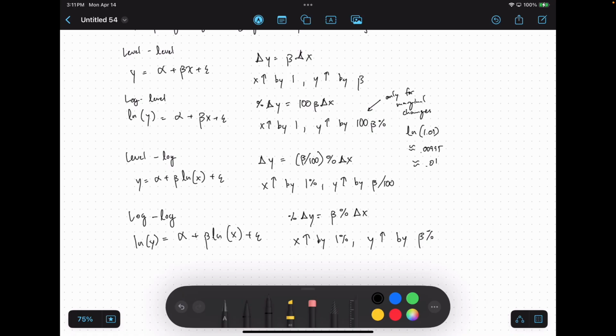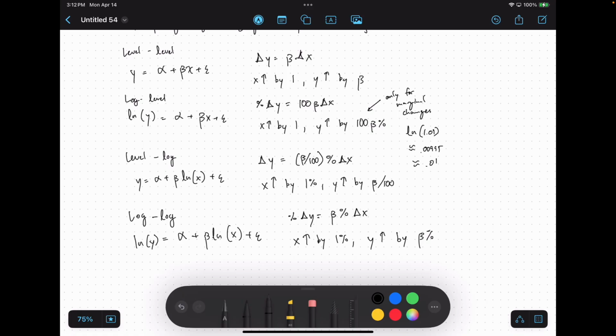Instead of having to do a bunch of math to exponentiate and unexponentiate things to interpret the relationship between x and y, this is a shortcut that lets you say, roughly speaking, if I've logged my y but not my x, then I change x by 1, then y goes up by beta percent, right? And then if x goes up by 1%, y goes up by beta percent. It's a shortcut for making interpreting the results easier.